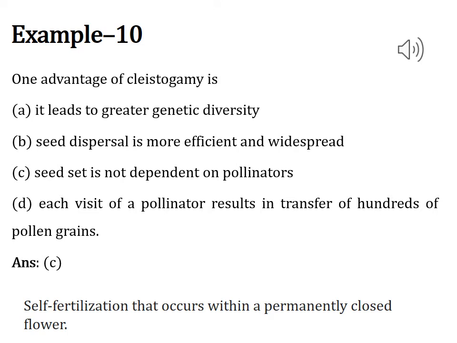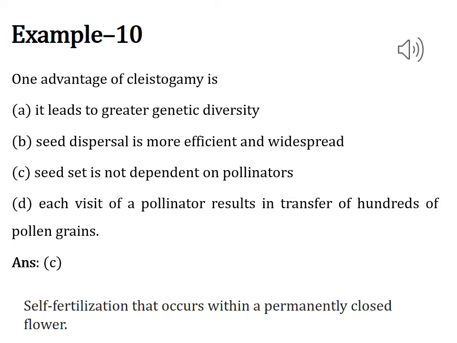Tenth example: one advantage of cleistogamy is. Before we look at the options and answer, we should know the definition of cleistogamy. It is self-fertilization that occurs within permanently closed flowers. Cleistogamous flowers are nothing but closed flowers. Then I'll move on to the options.